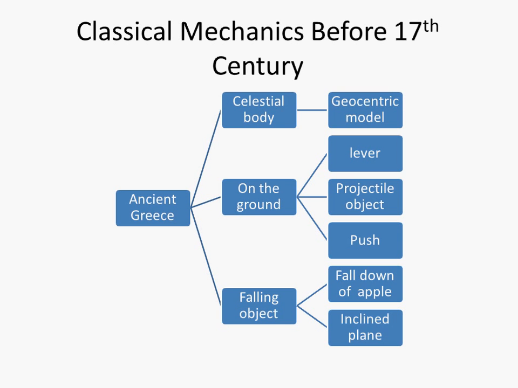We can throw an object into the sky, and we can push an object to make it move. And for a falling body, you can see when you free your hand, the object in your hand will fall down to the earth. And when you put a ball on an inclined plane, then this ball will slide to the ground. So these are also all the phenomena observed by the Greeks.